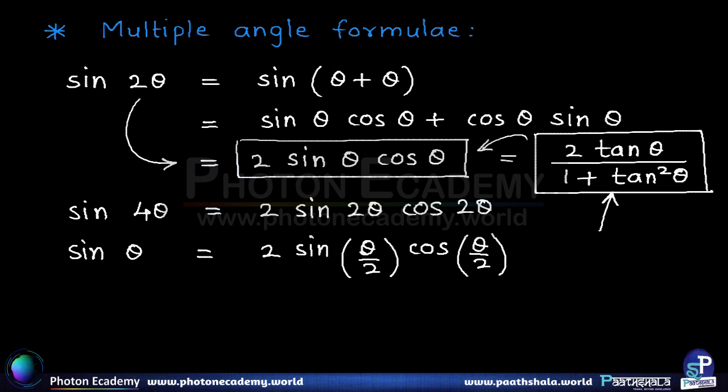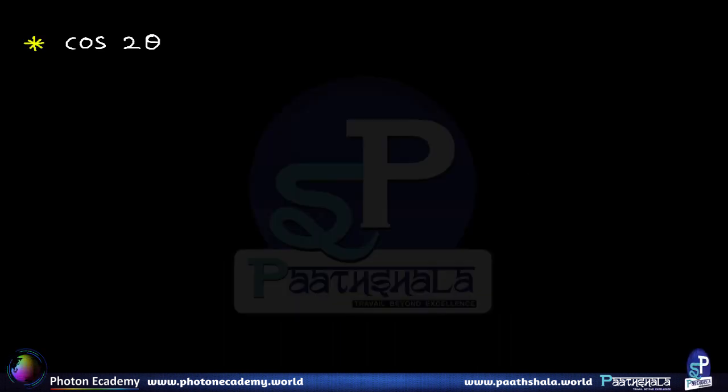Let's move on to cos of 2 theta, which is a very important result which we'll be using most often in many places. So let us see how we can derive the expression for cos of 2 theta. There are 4 different forms which can be derived for cos of 2 theta. The first is like this.